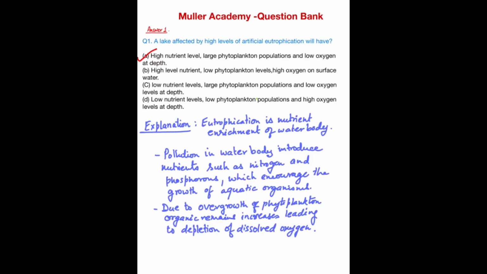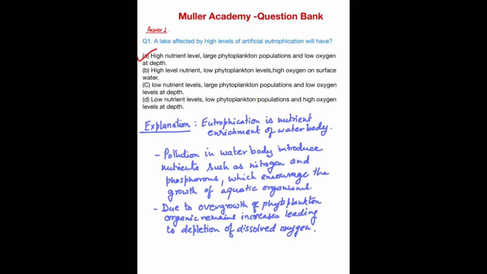So what's eutrophication? Enrichment of nutrient in a water body is called eutrophication. So when nutrient level increases, the population of the phytoplanktons increases very much. So the very first option is high nutrient level and large population.